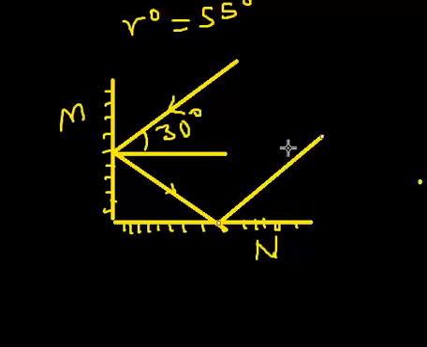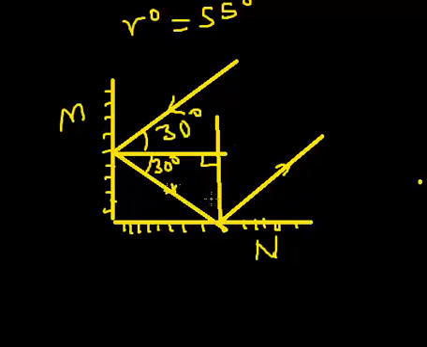So how do we get this angle? That is the question. Let's see how we get the angle. This angle here is 30 degrees. If you look at it, this forms a right angle triangle. This is 90 degrees. The two normals with this angle of reflection form a right angle triangle.